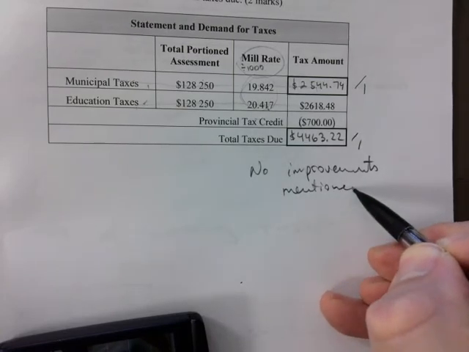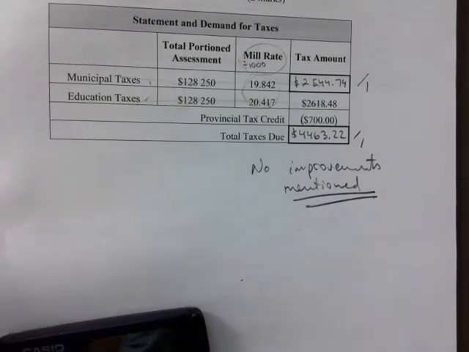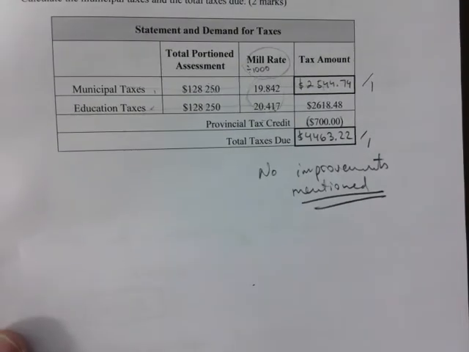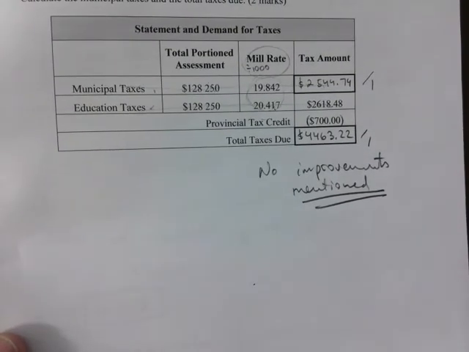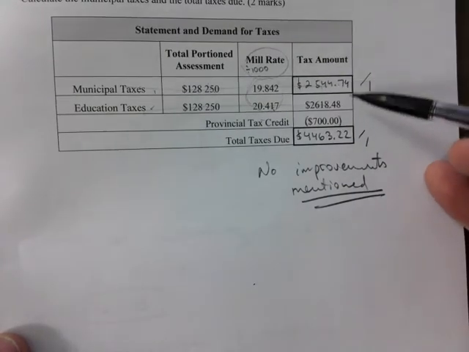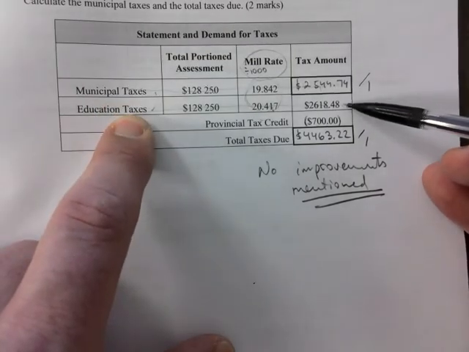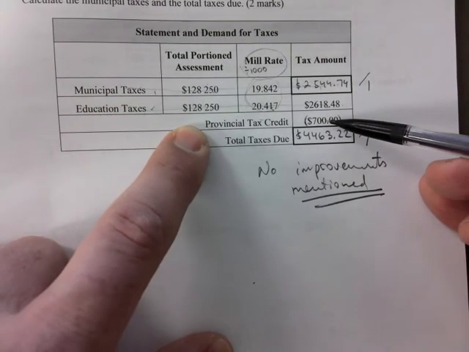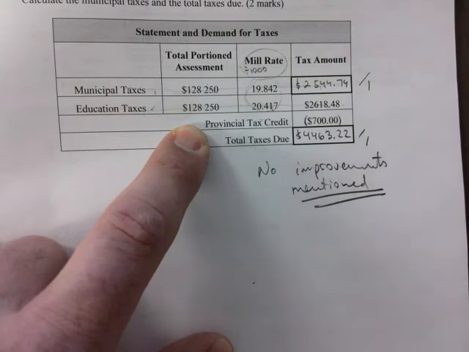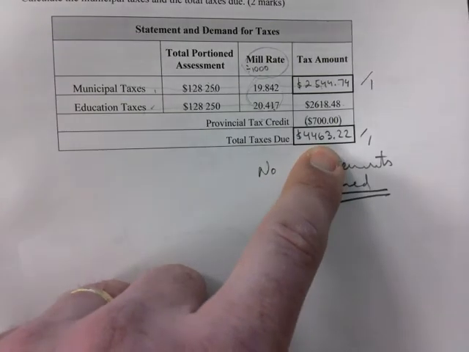Okay, so watch out. Don't think it's always going to be the case. You just have to know what needs to be done if there's a mill rate, and how to come up with your total, which is all the different taxes plus local improvements if there are any, take away any credits if they mention them, and that's your total.